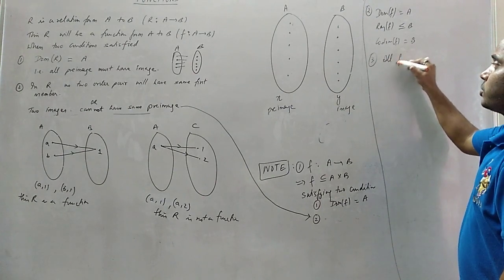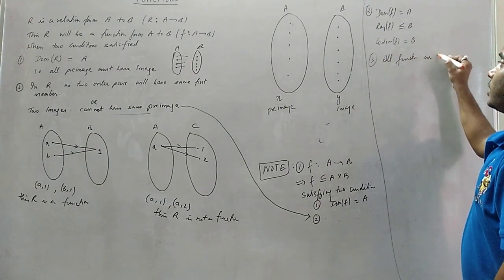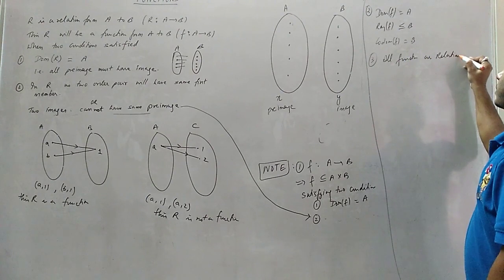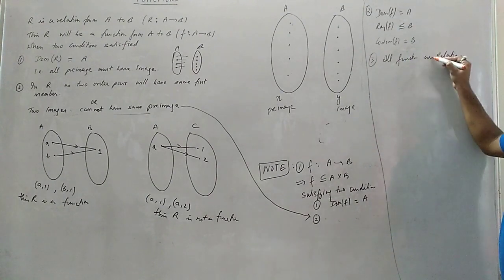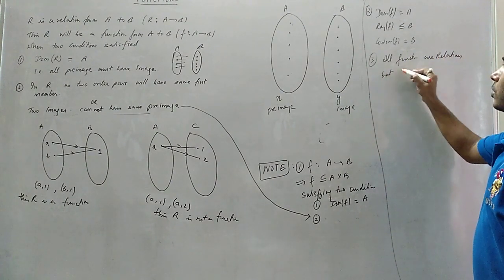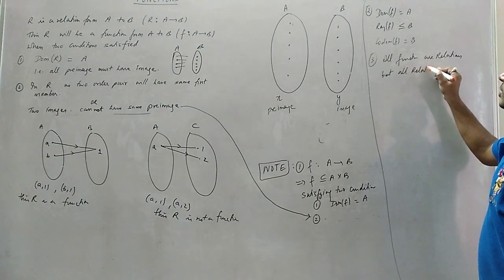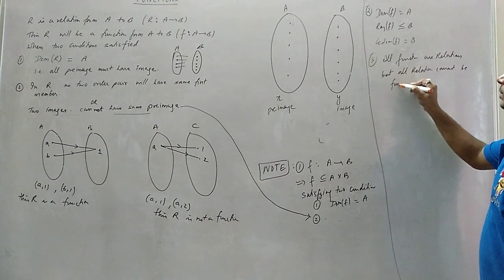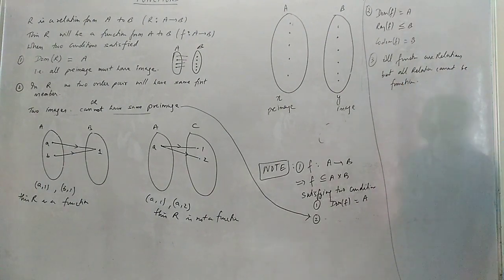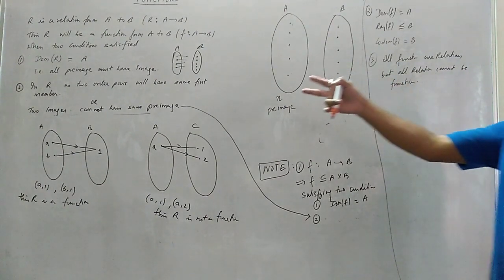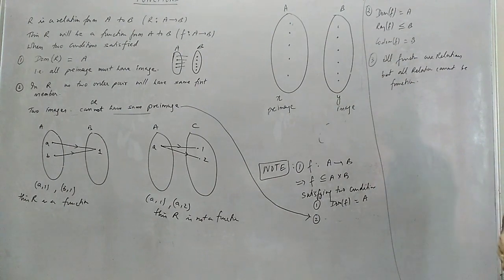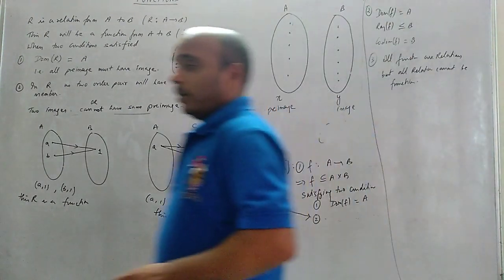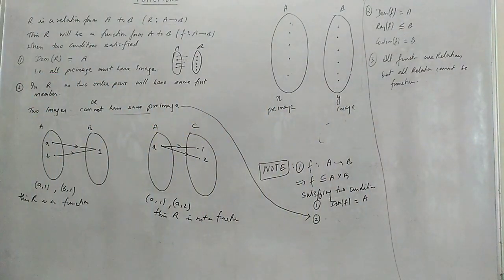All functions are relations. सारे functions relations हैं, but all relations cannot be function. Okay, because for a relation to become function, they should satisfy these two properties. Is that okay, class? Okay, let's go to the next part.